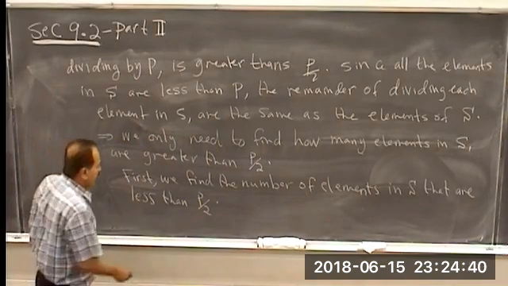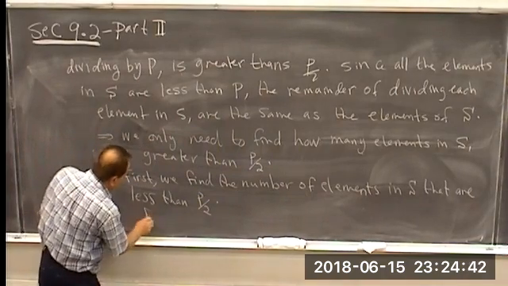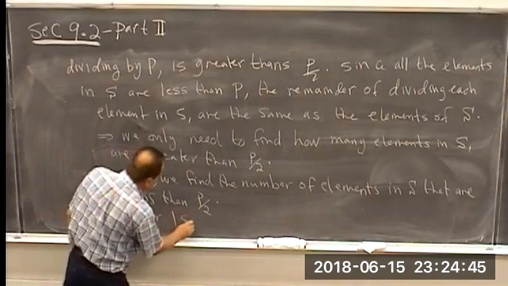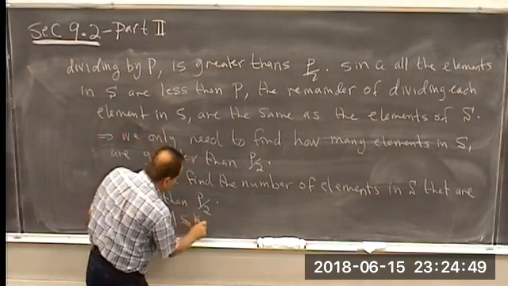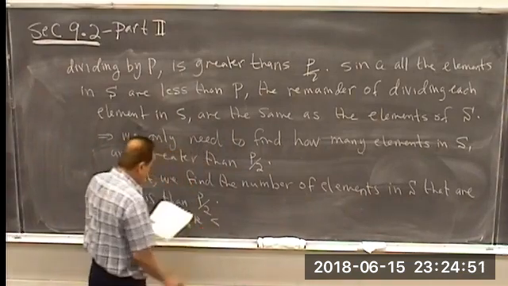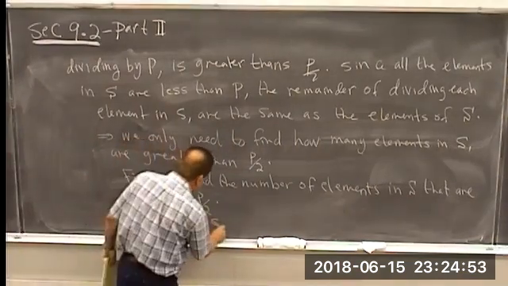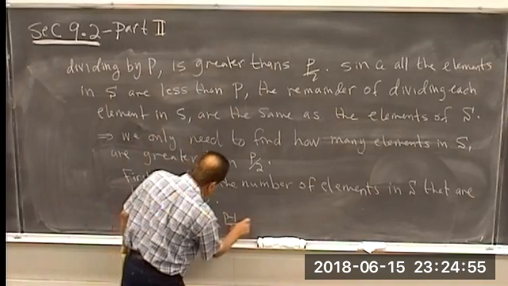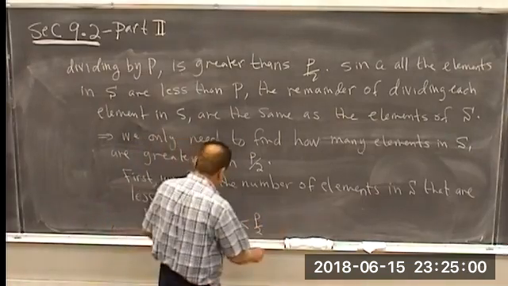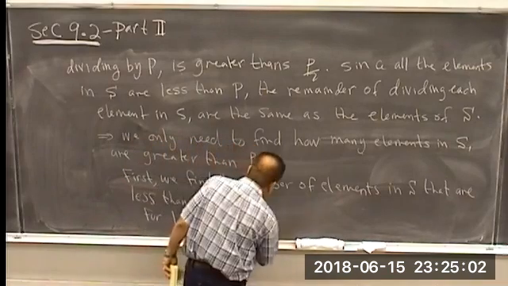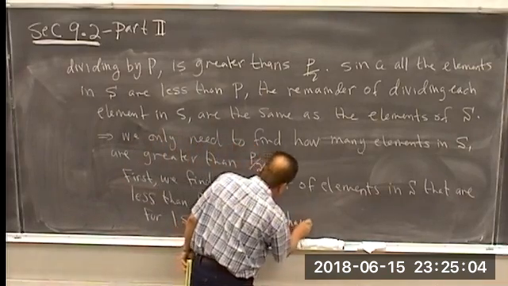So that is going to go like this, for 1 less than or equal to k, less than or equal to (p minus 1)/2, these are multiples of 2, we have 2k.